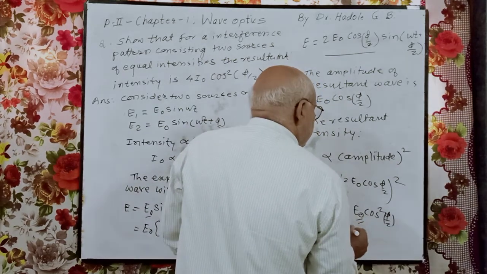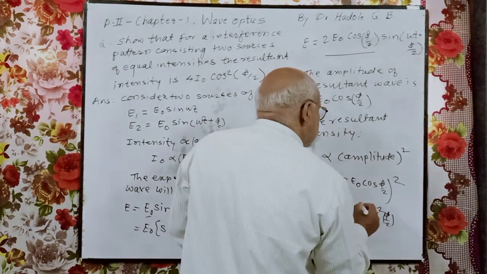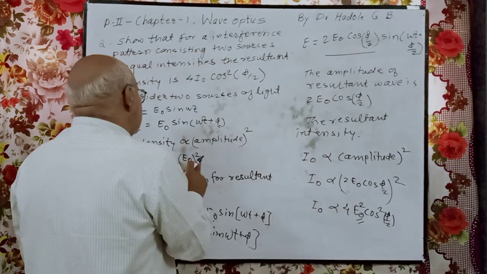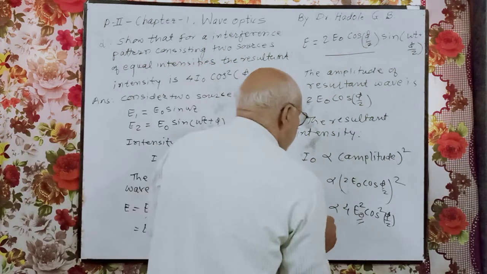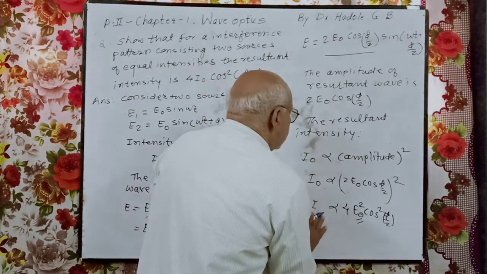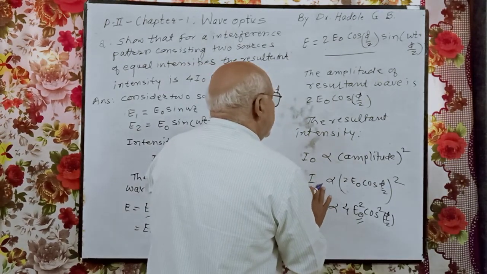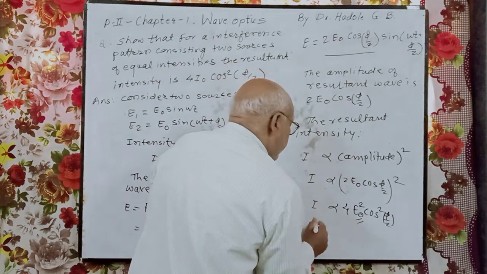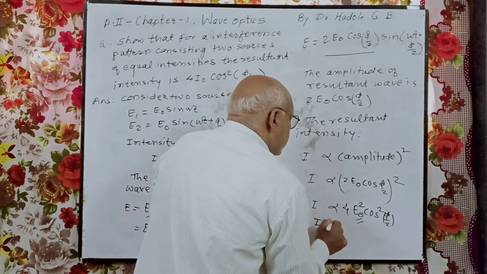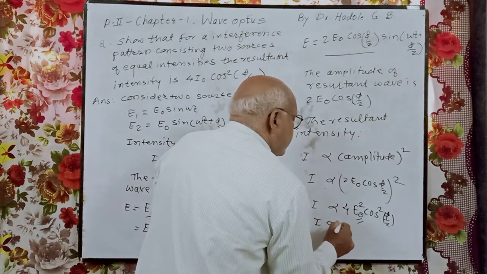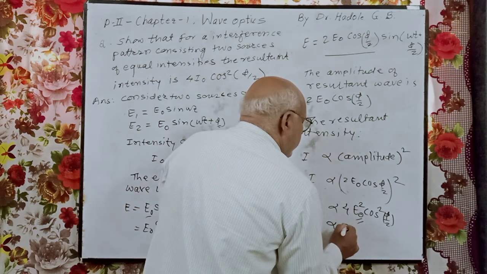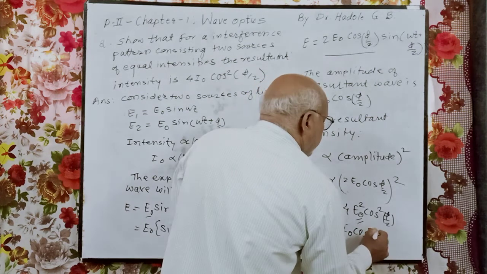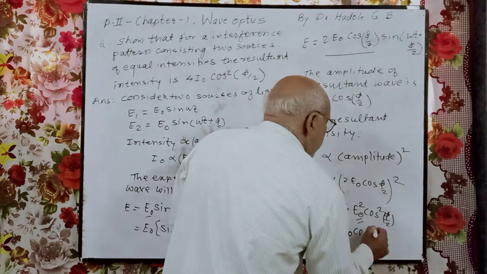But what is E0 square? This E0 square is I0, and therefore the intensity I is directly proportional to 4 times I0 cos square phi by 2.